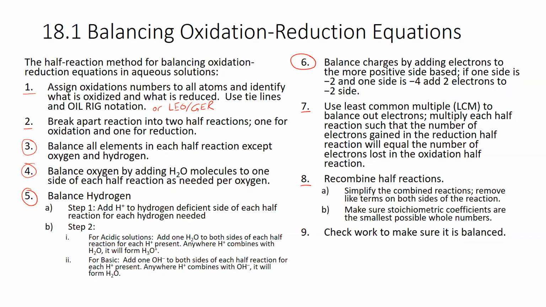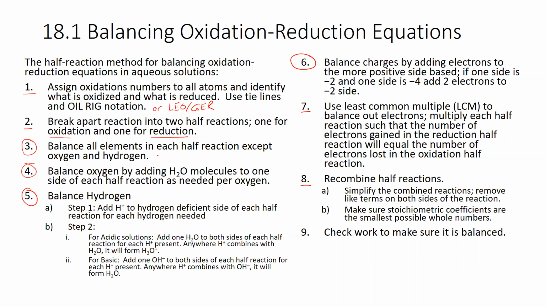So when we assign oxidation numbers, for every atom in the chemical equation, we'll give it an oxidation number and calculate that. We'll then break that reaction apart into those half reactions, so we'll label them oxidation and reduction half reactions.